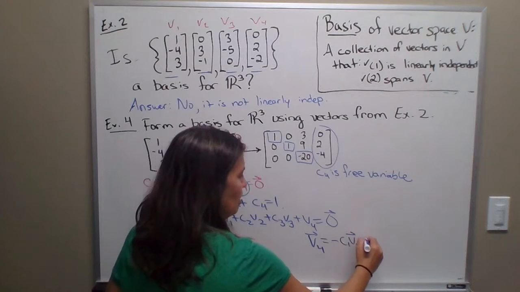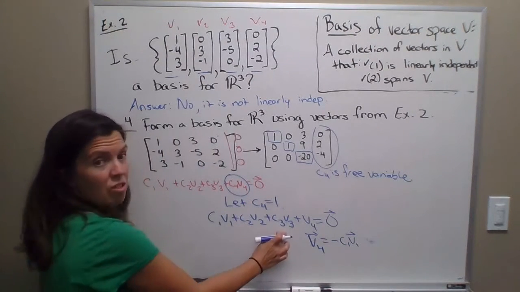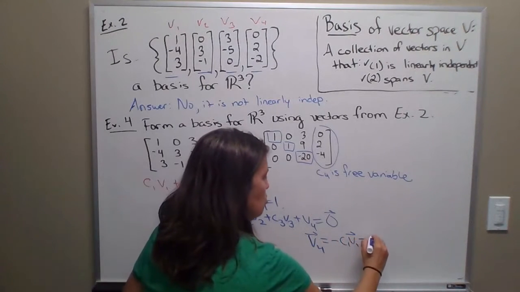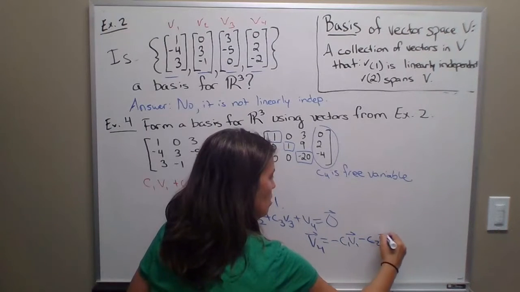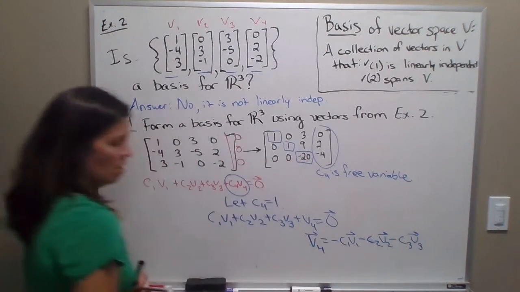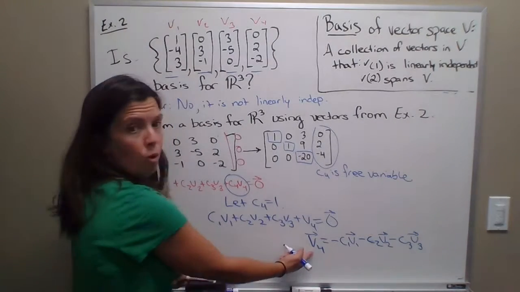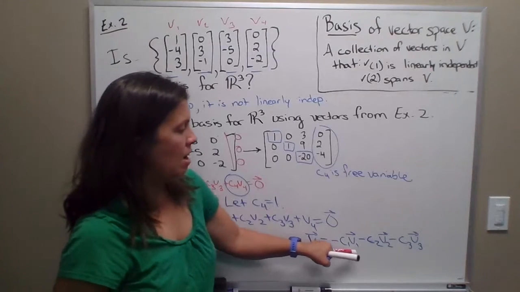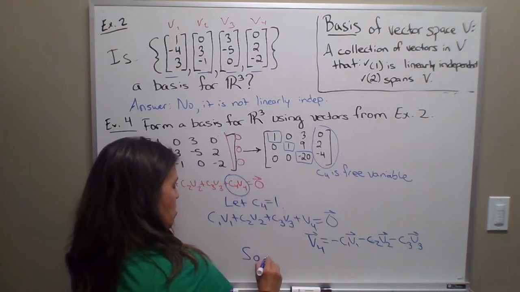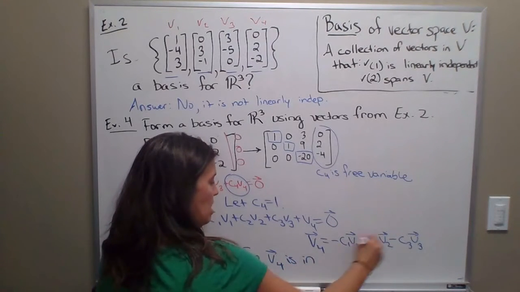Now I'm starting to use vector symbols, I guess. Here, we would just move these three to the other side. So minus c1 vector 1, minus c2 vector 2, minus c3 vector 3. And what this equation tells me is that v4 is in the span of v1, v2, v3, because it's a linear combination.